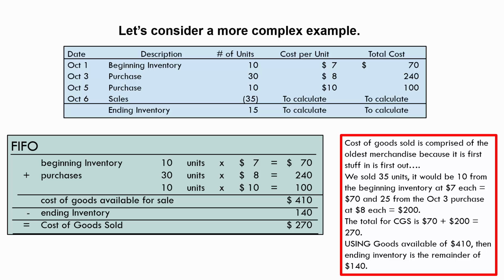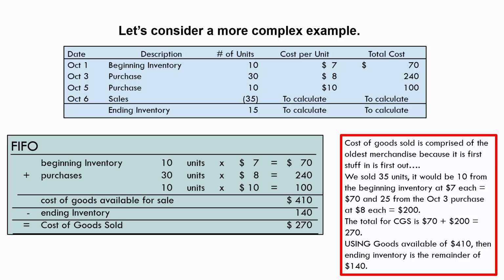And our ending inventory is going to consist of 10 units at $10 and the remaining 5 units at $8 for the other 40. So we end up with an ending inventory of 140 and our cost of goods sold of 270.